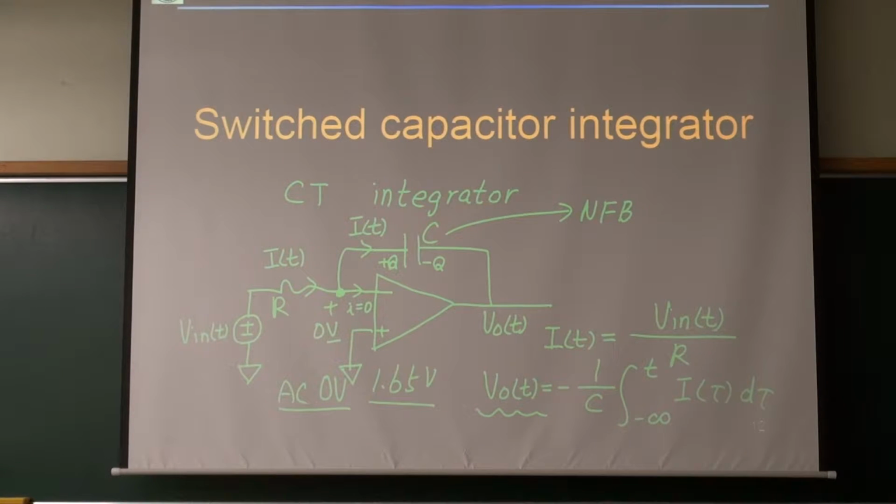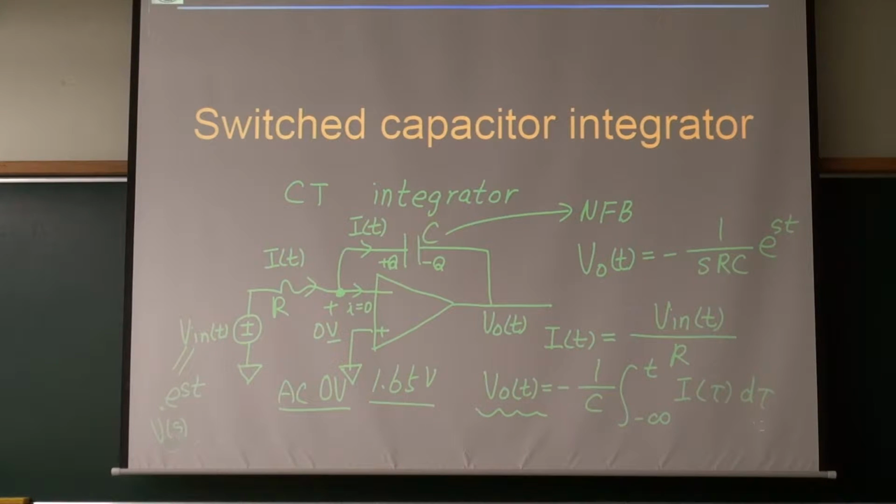So if I change this one to a general sinusoid, exponential ST, then integration will be changed to 1 over S. So my VOT will be some VOS component. There may be some VS term here.